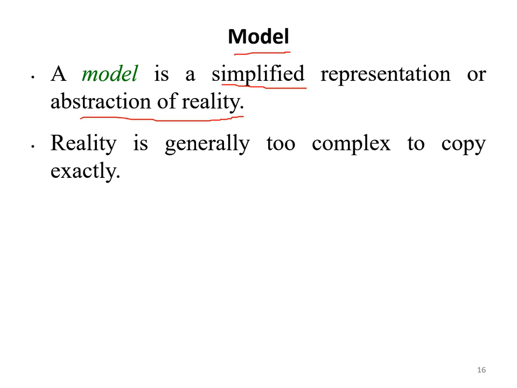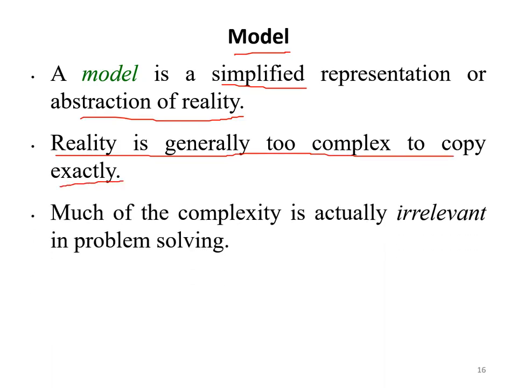Because the reality of the physical system is generally too complex to copy exactly. And very often, much of the complexity is not needed or becomes irrelevant in the actual problem solving situation.